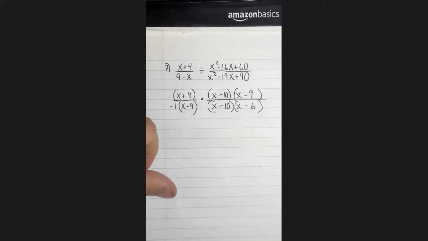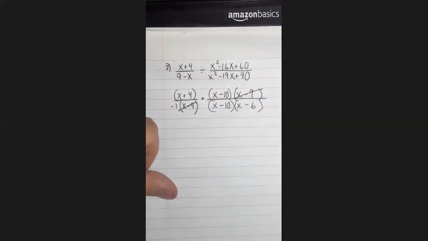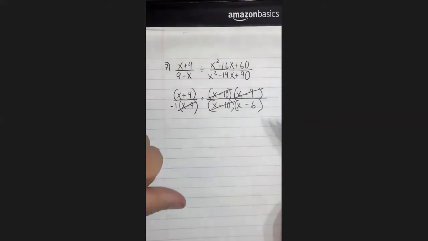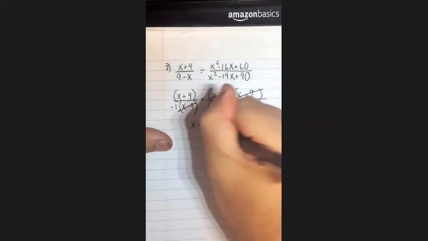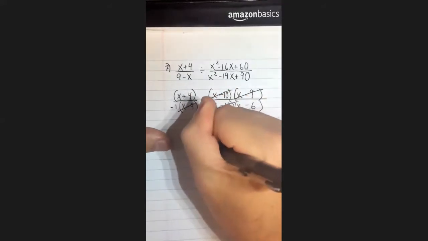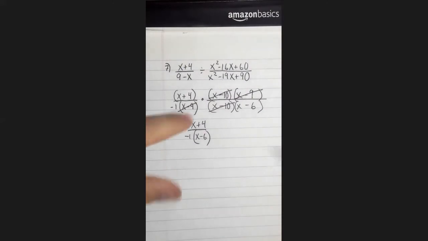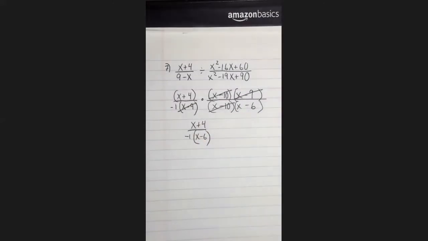And look at what is the same, that's going to cancel out. We've got x minus 9 here, x minus 9 here, they're gone. You've got x minus 10s directly on top of each other, they're gone. And that's all that cancels. So I'm going to have x plus 4 and then negative 1, x minus 6. You can leave the x plus 4 in parentheses if you like, or remove it. It'll take either one.